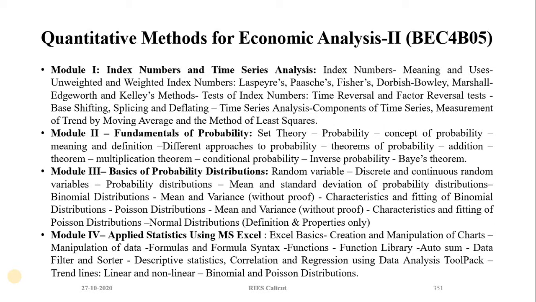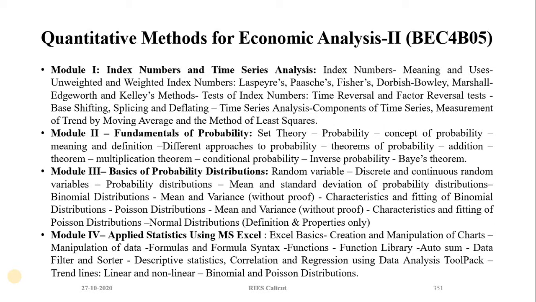Index numbers and time series are 2 different chapters dealing with 2 different things, but in order to reduce the number of modules, we have combined these 2 chapters into one chapter.